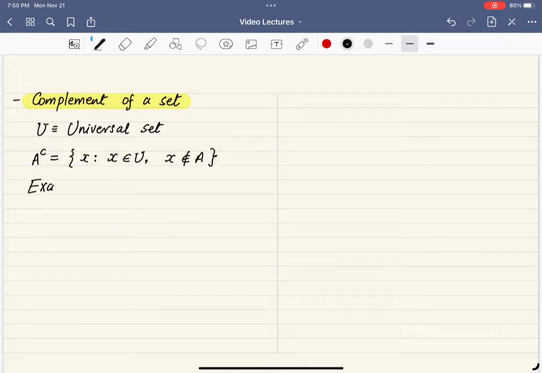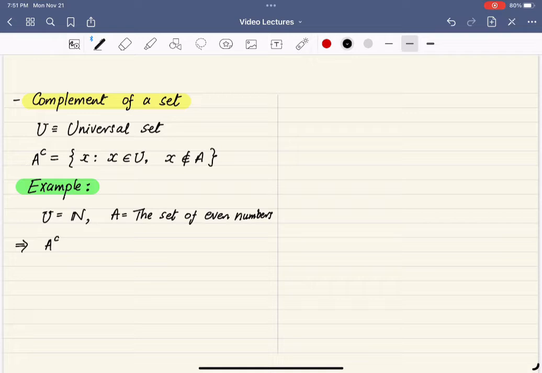As an example, suppose the universal set you have is the set of natural numbers, and your set A is the set of even natural numbers. Then its complement is all the numbers that are not even, which is the same as the set of odd numbers. So that is the complement of set A.